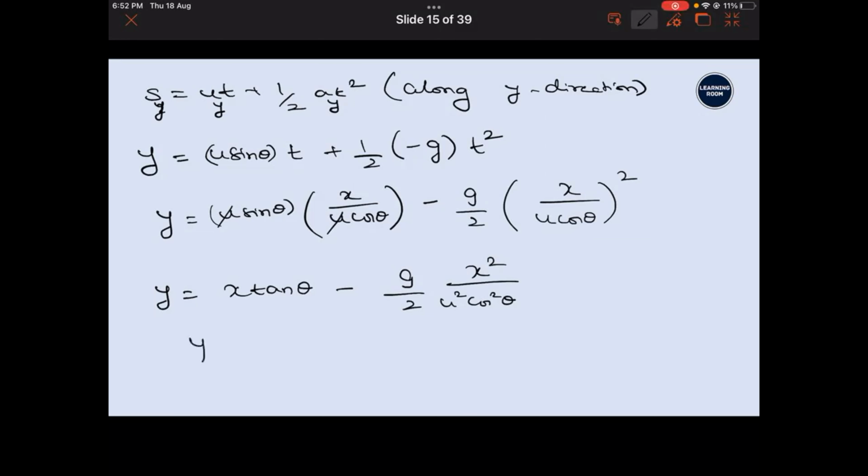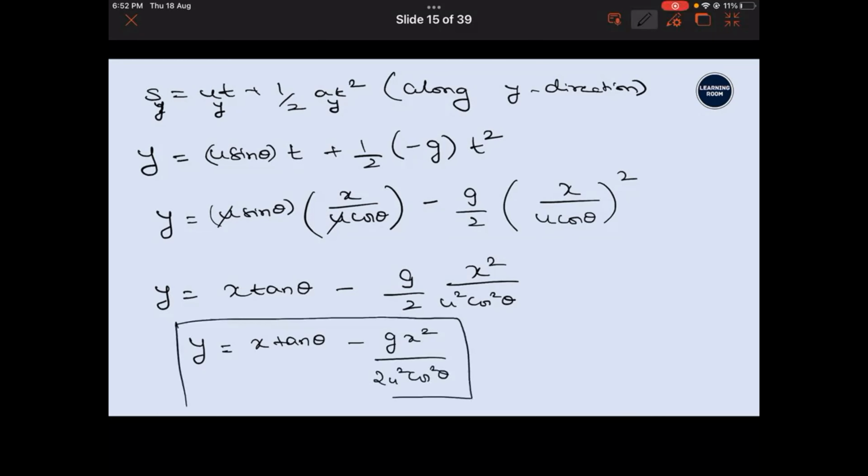So this expression, y is equal to x tan theta minus gx square divided by 2u square cos square theta, is what is called the equation of projectile. Why I call it an equation is because it is purely in terms of x and y.